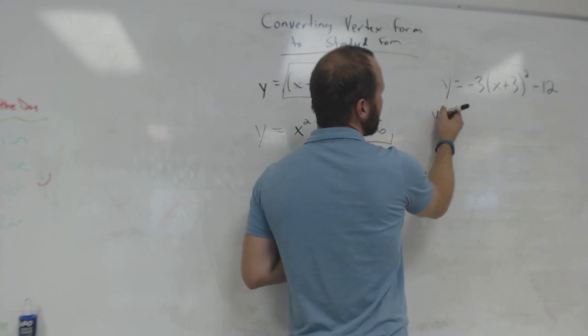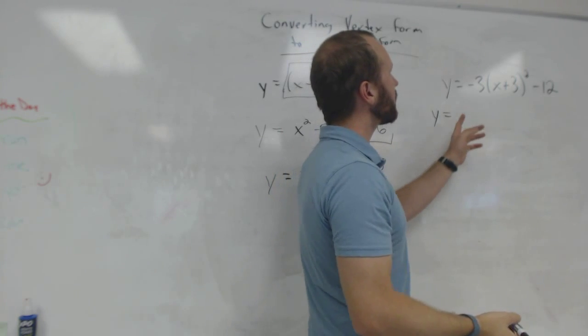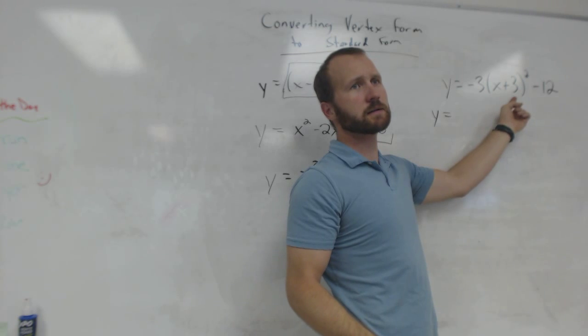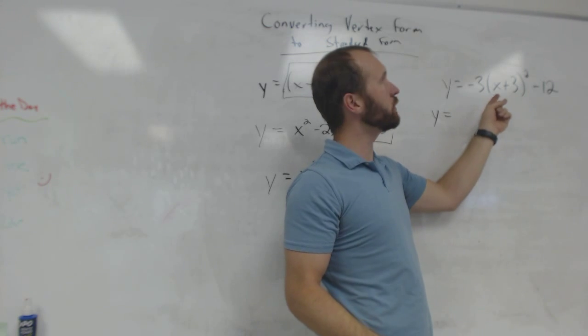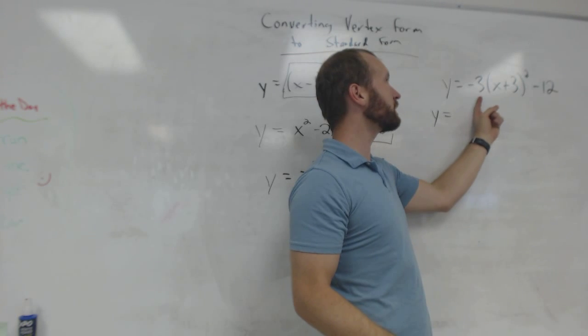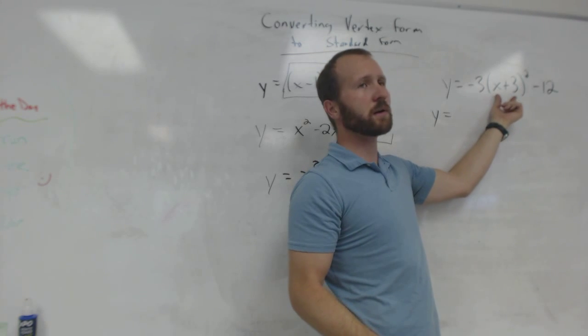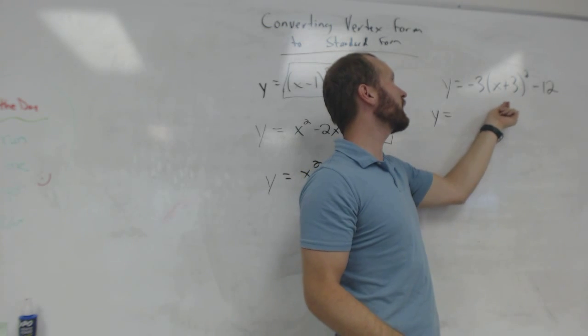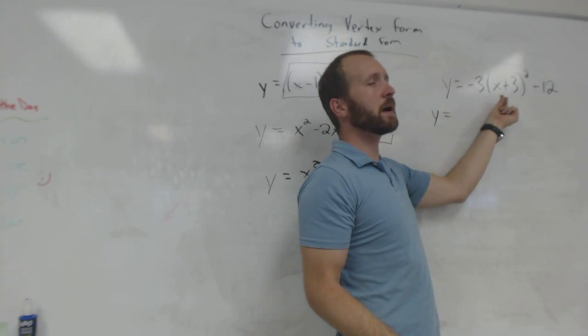The key thing to remember here: a lot of people go, oh, here's a coefficient, I'm going to distribute that across these. It's a lot easier if you do that second. You could do it first, but you'd have to only distribute it to one of your terms, and then you would have x plus 3 times negative 3 minus 9.